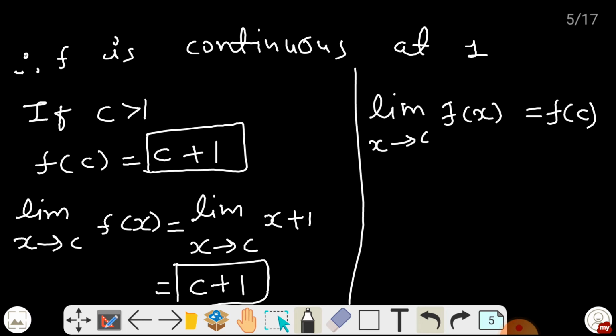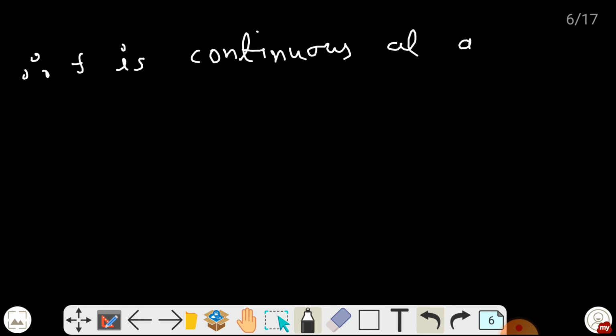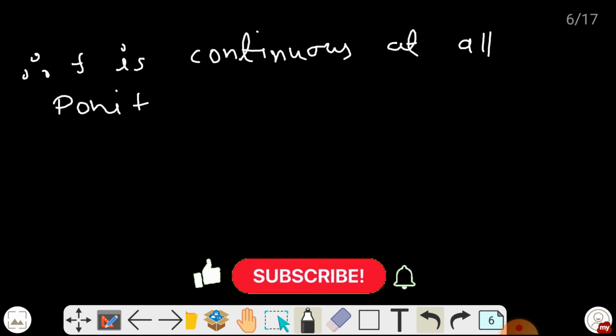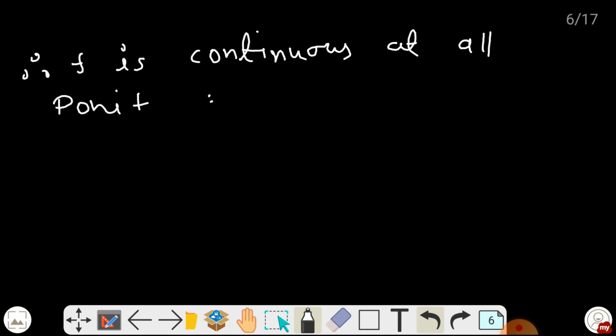That's why we can write, therefore f is continuous at all points x greater than 1. Right?